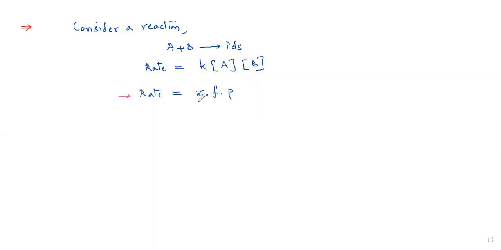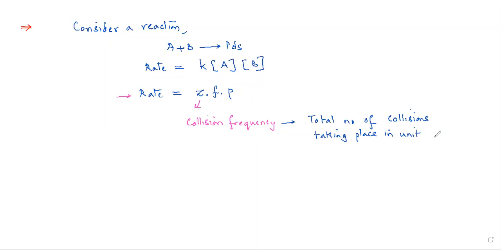What do you mean by Z? You know, Z refers to collision frequency, nothing but the total number of collisions taking place in a unit time and in unit volume.